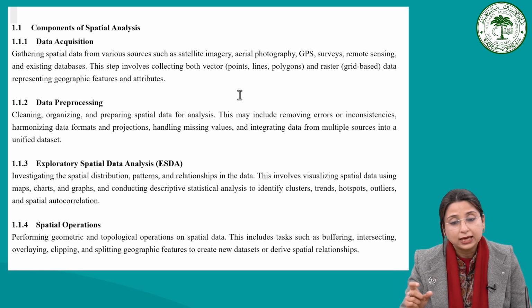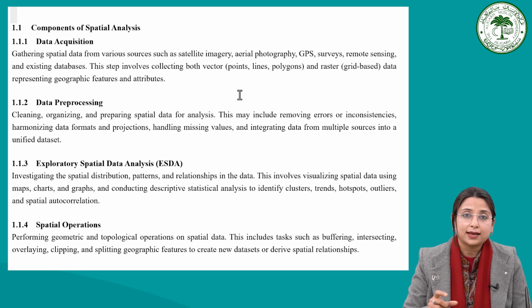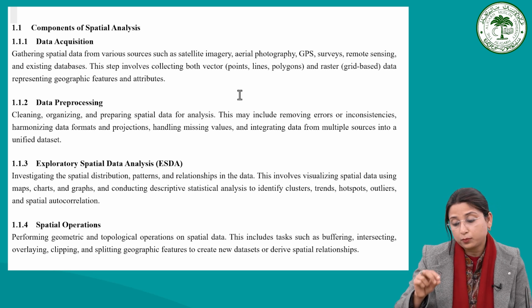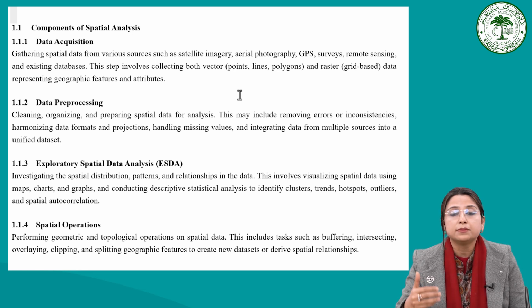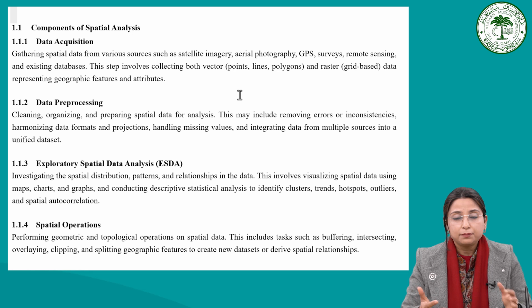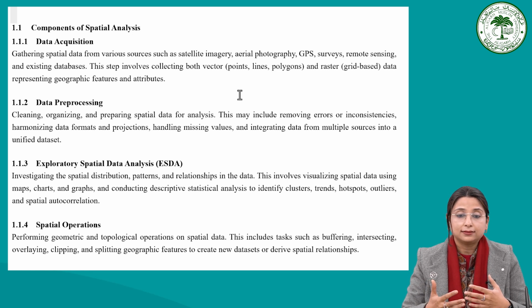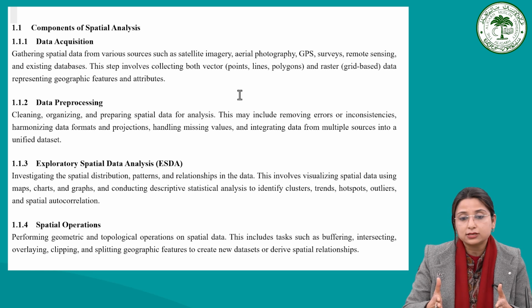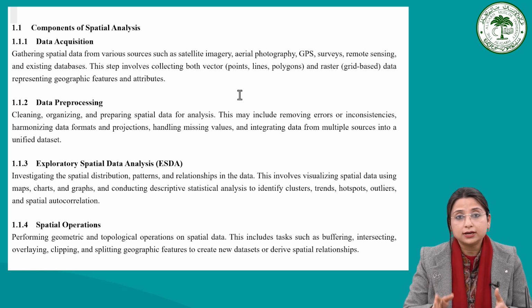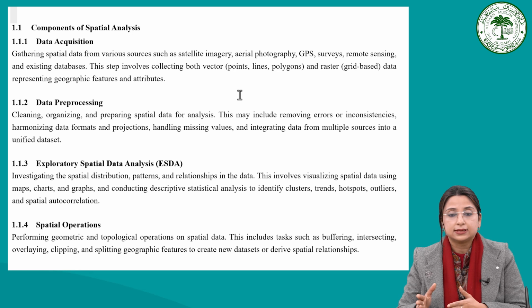For example, if we are acquiring climate data, many times the data for different time periods is missing. That needs to be handled, and there are different techniques to handle it in order to get continuous data.